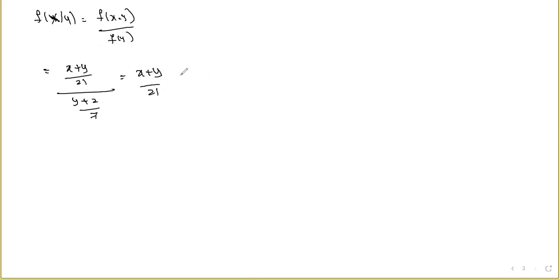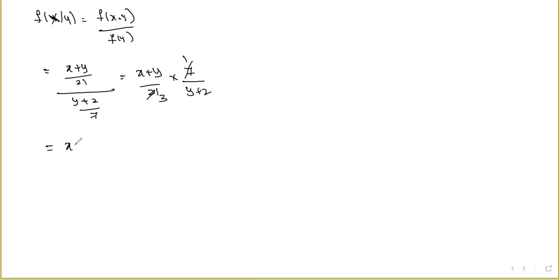This is equal to f of x comma y divided by f of y. So this is equal to f of x comma y, which is x plus y divided by 21, whole divided by y plus 2 by 7. This is equal to x plus y divided by 21 into 7 divided by y plus 2. 7 ones are 7, 7 threes are 21.